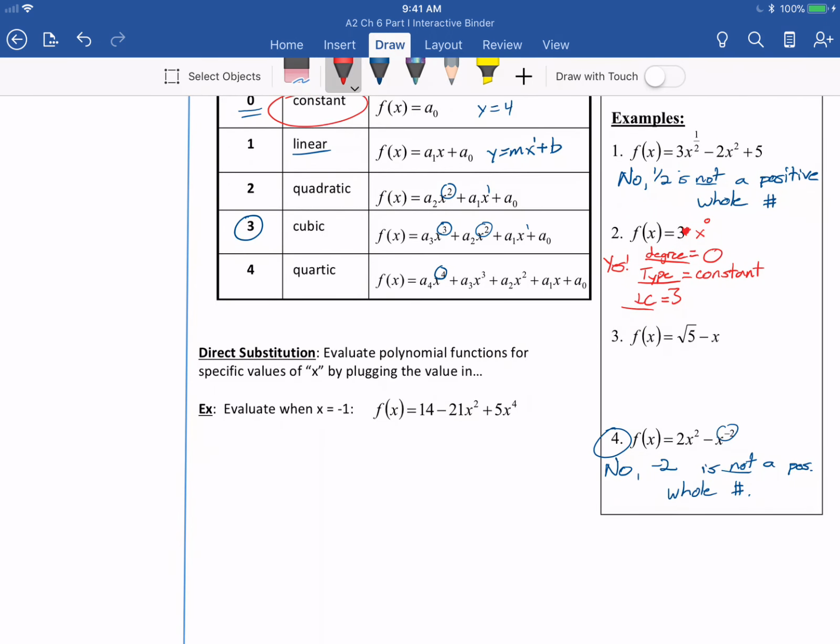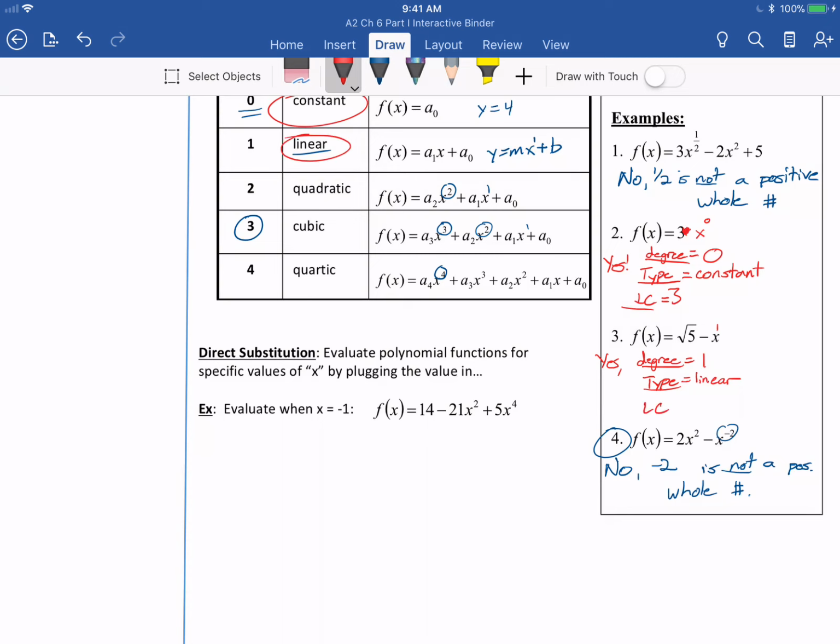Number 3, we have f of x equals the square root of 5 minus x. Notice here that the highest exponent that you see on an x is 1. It's not written, but if it's not there, it is 1. So my degree is 1, which is type linear. Remember, if I have degree 1, it's linear.